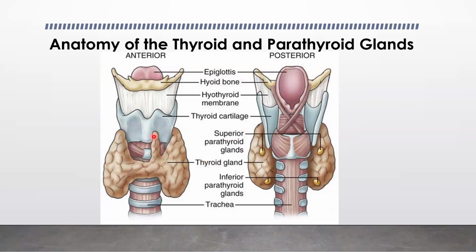Sometimes it has a pyramidal lobe. You can see it there. Posterior to it, you have two pairs of parathyroid glands, that is two superior parathyroid glands and two inferior parathyroid glands. So that's the normal anatomy of the thyroid gland.